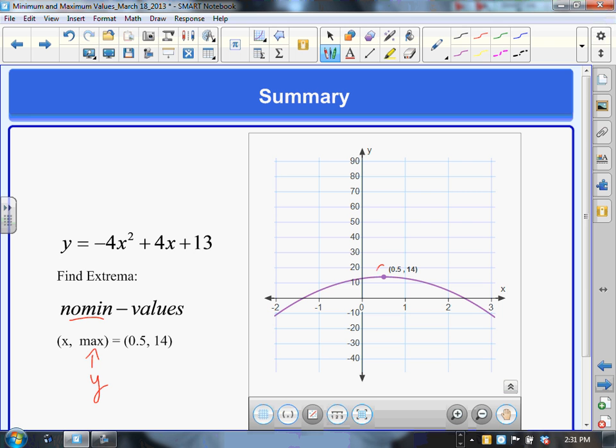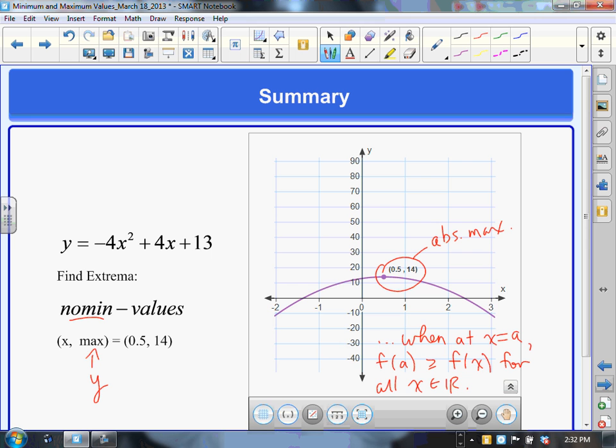So we have an absolute max here, and that occurs by definition when, at some arbitrary value of x, call it a, the value of the function at a is greater than or equal to all other values of x along its domain.